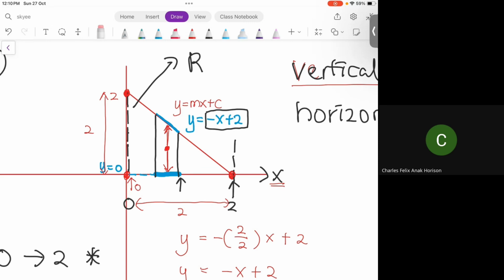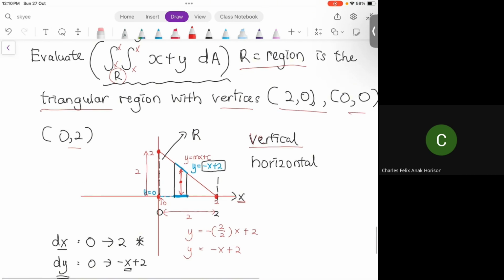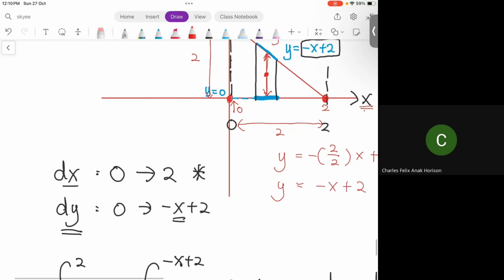Then I will move it to the right, and I will stop at the position when x equals to 2. Why do I know it's 2? Because this is the point given by the question. So my x interval for the whole region will be from 0 to 2. So this will be my dx interval.